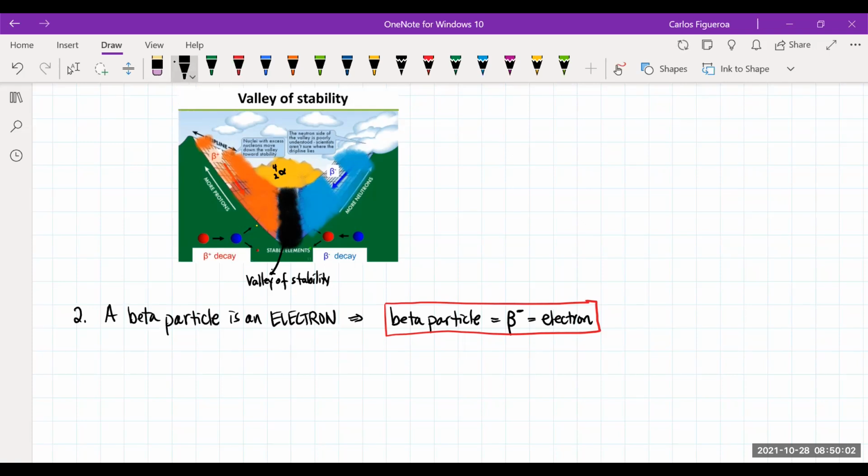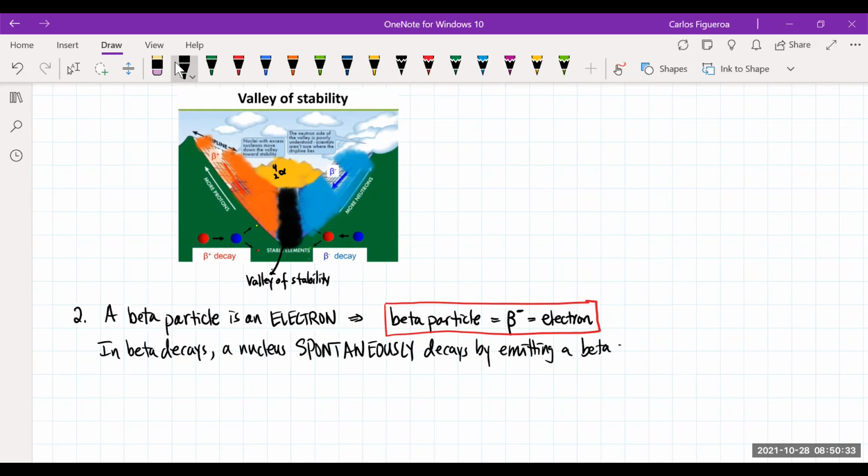Okay, so here's what we know. In beta decays, a nucleus spontaneously, remember there's that magic that I'm talking about, decays by emitting a beta particle. That's what this beta decay does here.